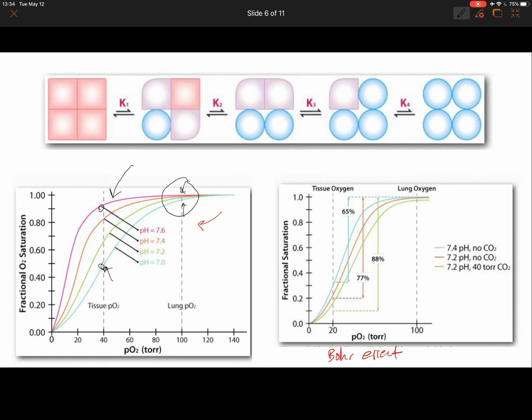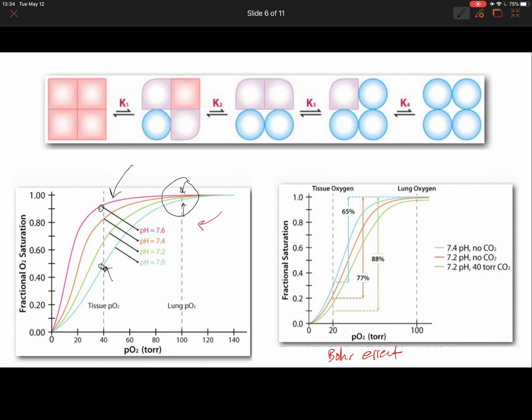Okay, so he showed this. He was able to graph these things and show this. It's a bigger picture here, though. So he saw also that in addition to the affinity decreasing as the pH decreases, as the concentration of carbon dioxide increases, we also see a drop in the binding.